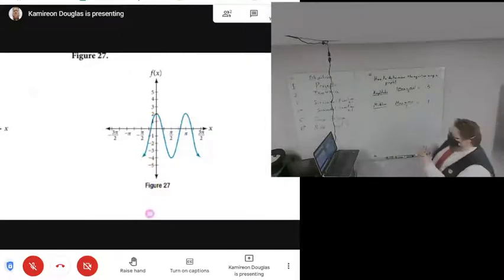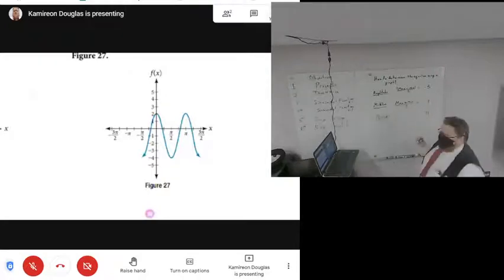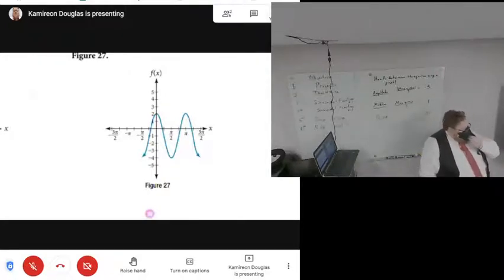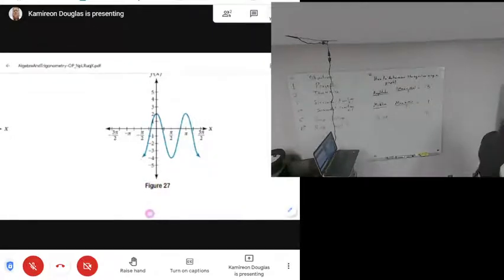This would tell me for this function, the period would be pi. Again, for this function, the period would have to be a pi value. Because again, it's the distance it takes to travel from top to top, or from bottom to bottom. It's just the distance.